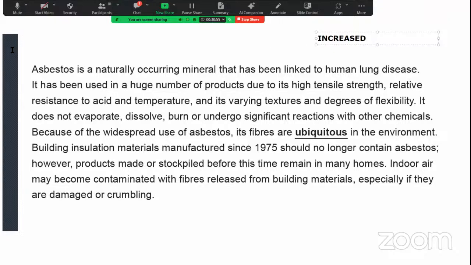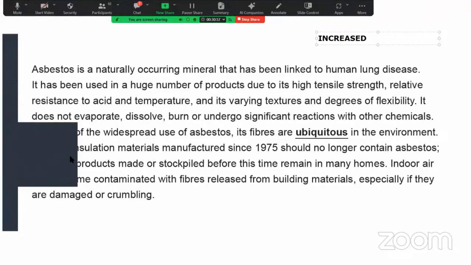This is the question word increased. And what are the 4 words? Can you recall? Remember. Now, memory also is very important here. Now, remember, what are the 4 words?